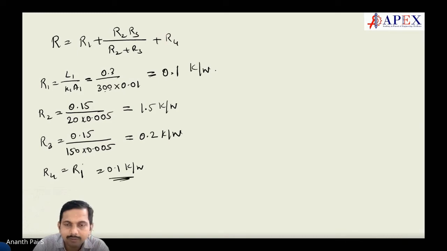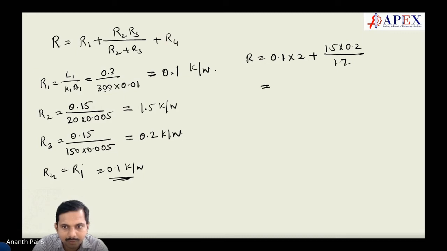Makes sense? So we get R equal to R1 into 2, which is 0.1 into 2, plus R2 R3 divided by R2 plus R3: 1.5 into 0.2 divided by 1.7. So we get 0.2 plus, bracket open, 1.5 into 0.2 divided by 1.7, bracket closed.